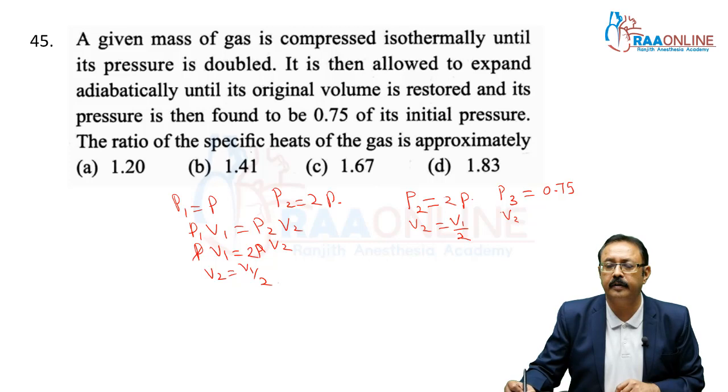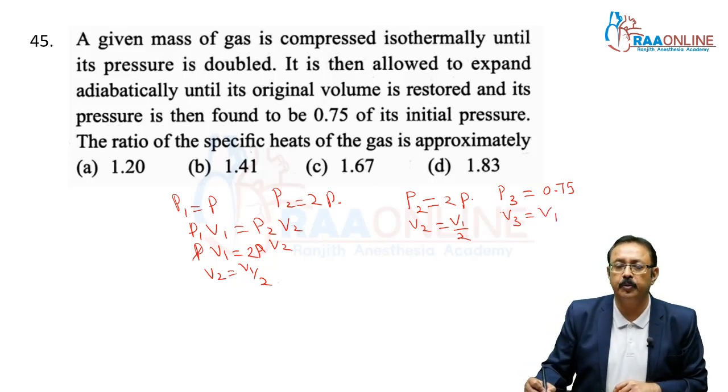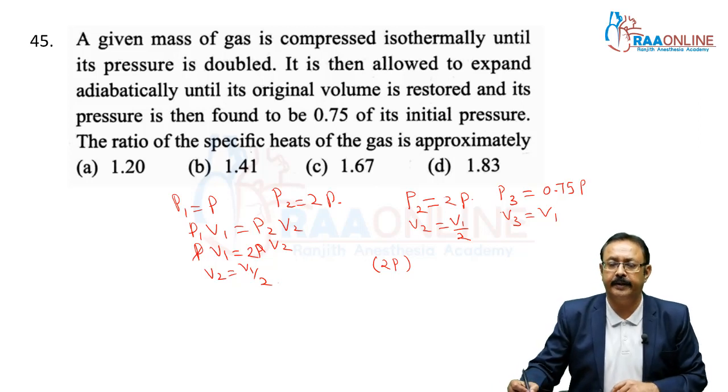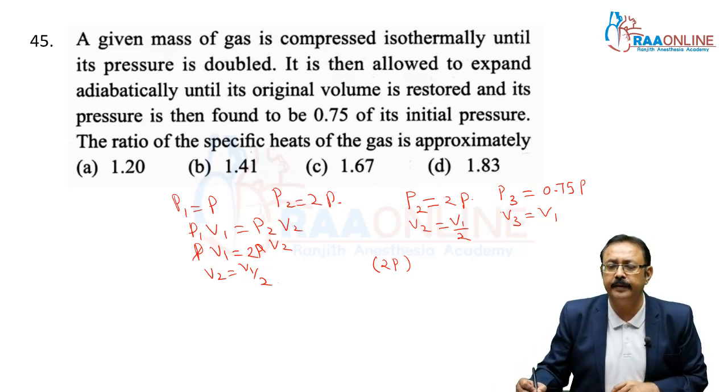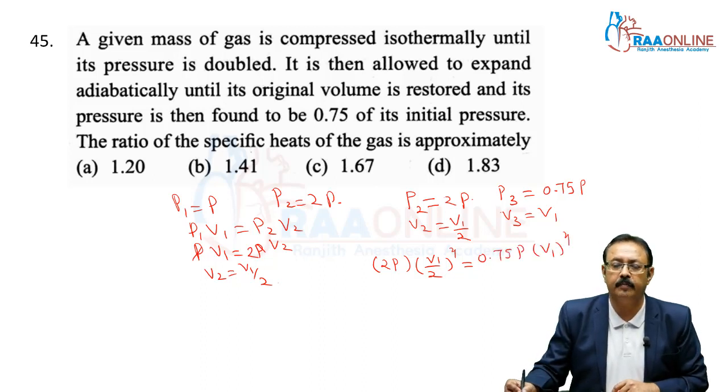V3 we want V1. So again P2 means 2P, they are saying P3 is 0.75 of P. It is 2P, volume V1/2 raised to the power gamma. P3 means 0.75 P into V1 raised to the power gamma.